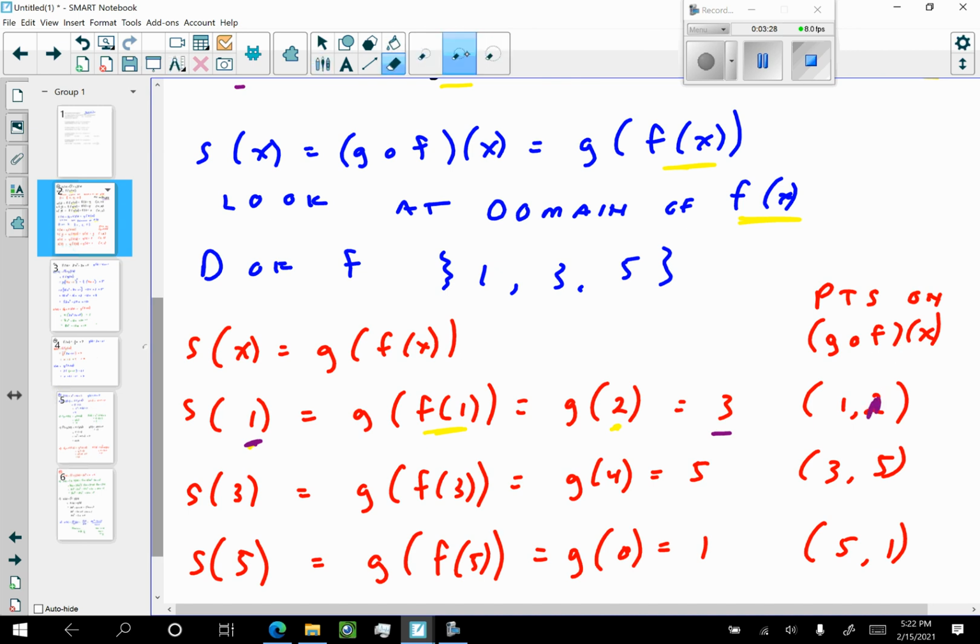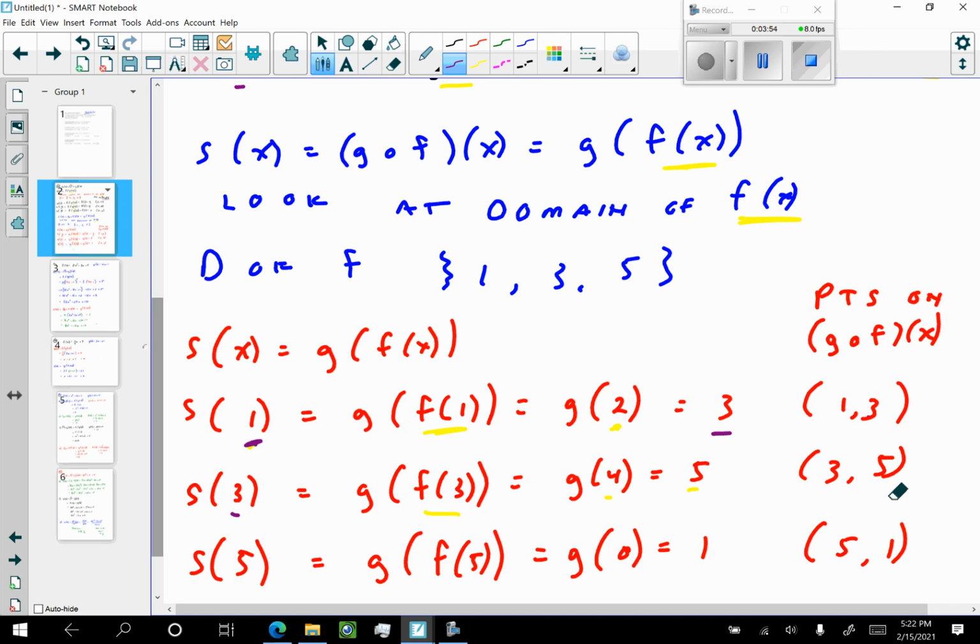And this bad boy right here happens to be 3. Little notation error there. And I can do g of 3 because 3 is in the domain of f. I see that f of 3 is 4. I see that g of 4 is 5, and I have my second point on g of f, (3, 5).